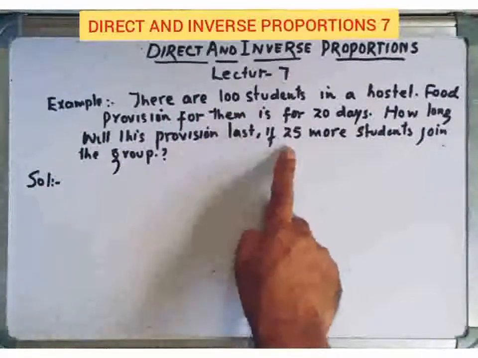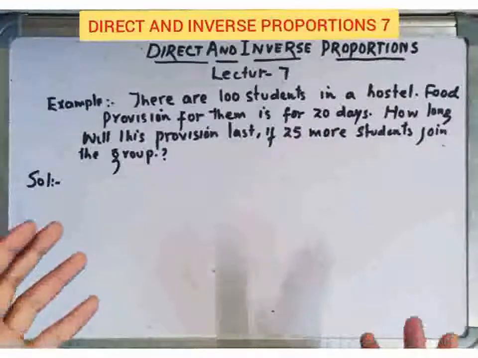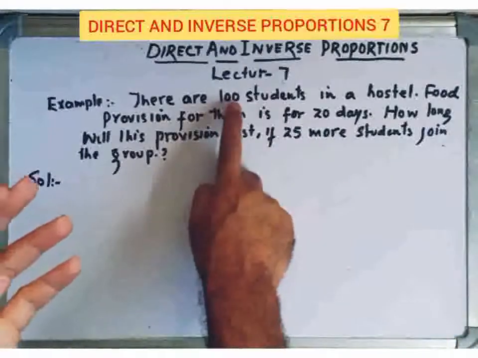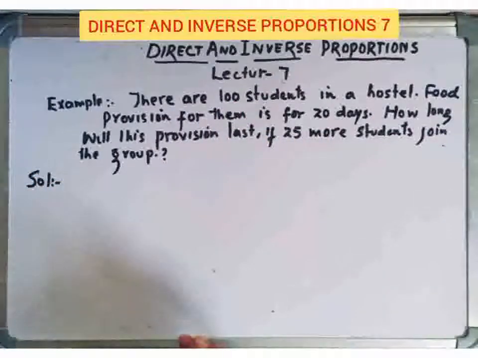Now if 25 more students join the group, the total number of students is 125. 100 are already there and 25 more join, so the total is now 125. So the question is, how long will the provision of food last for these 125 students?